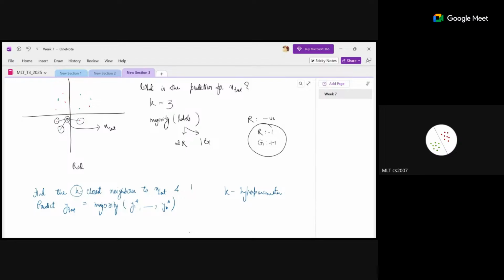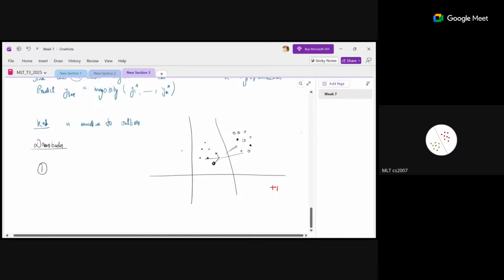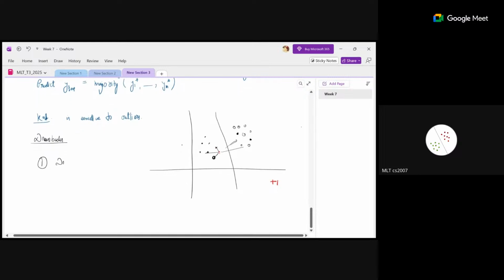Here we're using the Euclidean distance, but what if we're using some other distance? Okay? So one drawback is, we have to decide the distance function. This is one drawback.